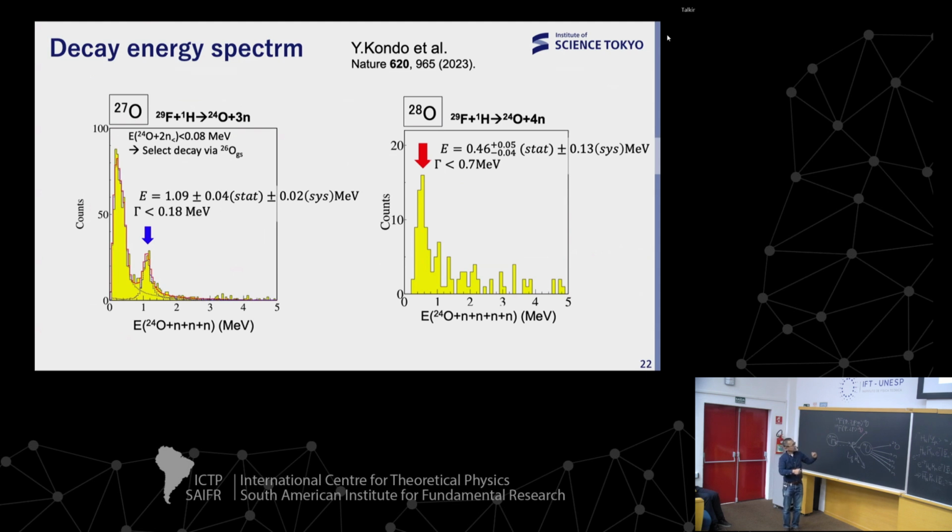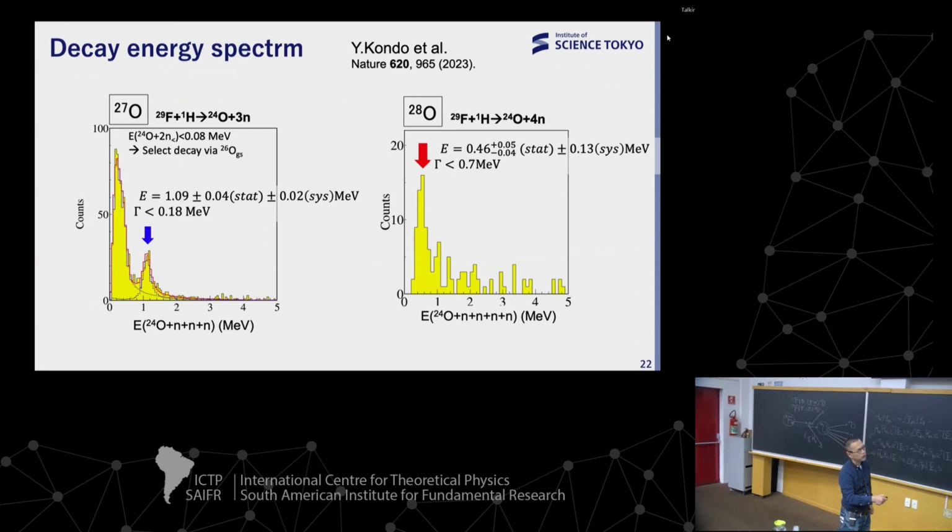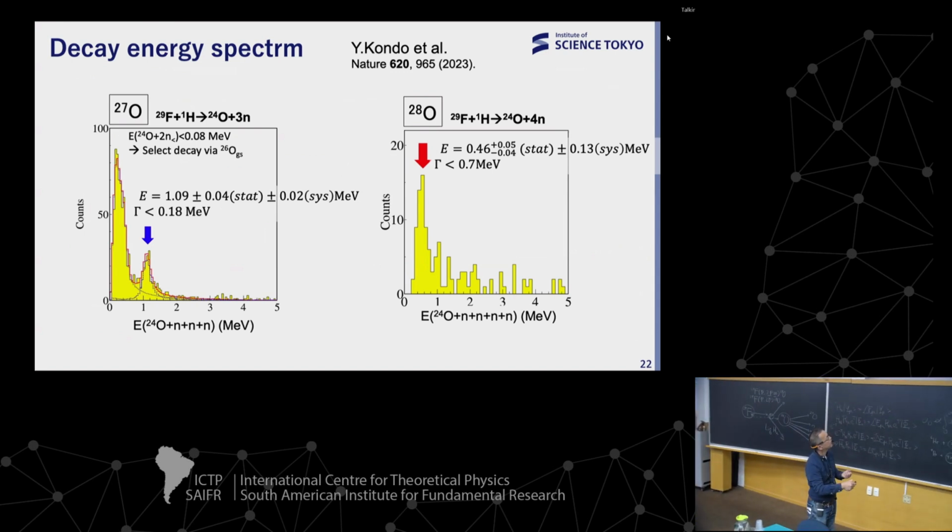I think the cross-section is larger for oxygen 28, maybe. So that's why we have a larger peak here. But of course, if you would like to measure 4 neutrons, the efficiency is reduced, so the counts are smaller here. But anyway, we identify this peak at 0.46 MeV, and the width is less than 0.7 MeV.